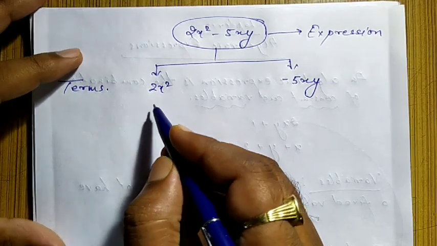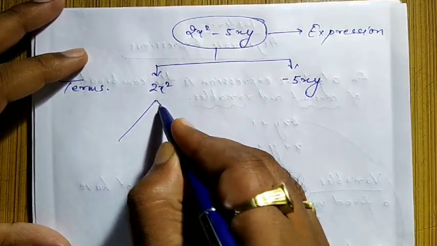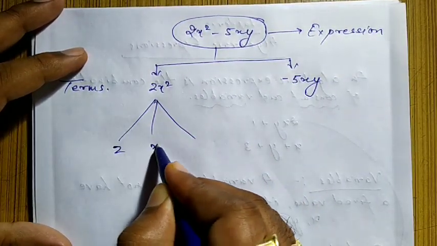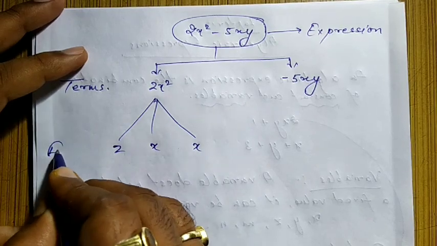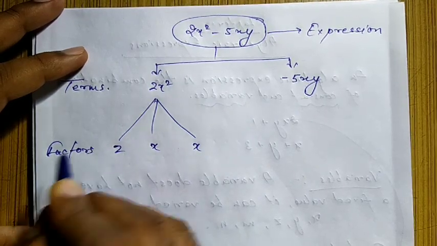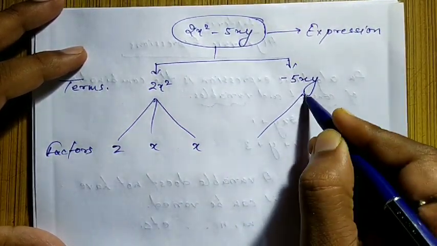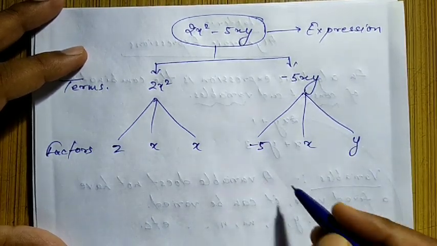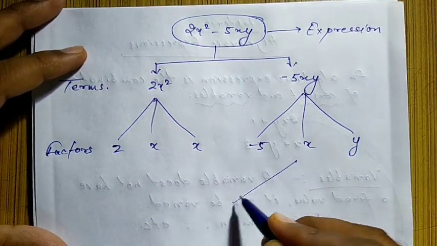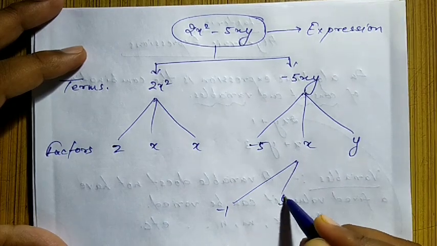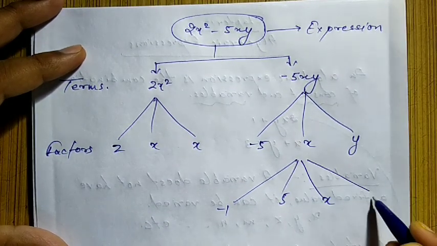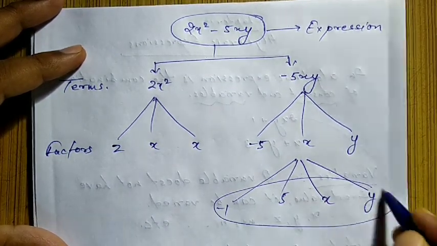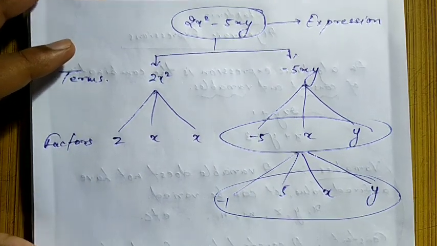Now one more thing comes in this explanation, that is factor. So in 2x square, 2, x, x are factors, and here in minus 5xy, somewhere it is also given like minus 1, 5, x and y. This is also correct and this is also correct, don't be confused.